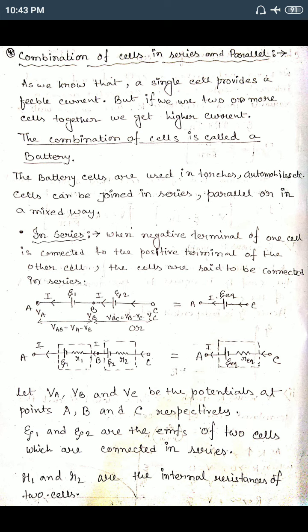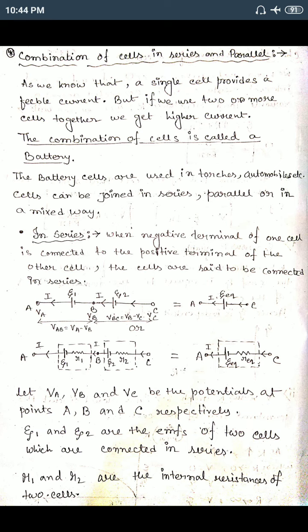Here we get three points A, B and C, having three different potentials VA, VB and VC. Between points A and B, the two terminals of the first cell, positive and negative, there will be a potential difference, denoted by VAB, which can be written as VA minus VB.